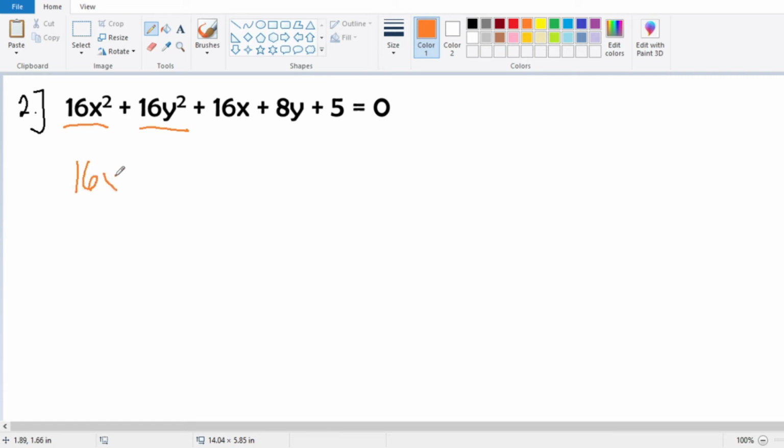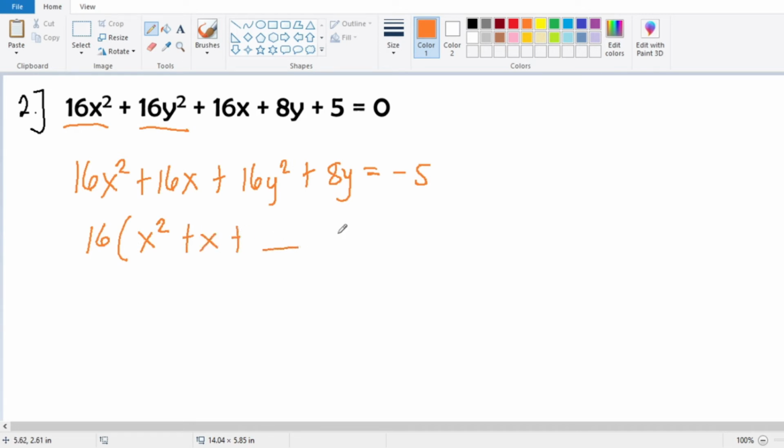So, you have there 16x squared plus 16x plus 16y squared plus 8y is equal to negative 5. Right? And then, let's factor out 16. So, have there 16, tapos nasa loob si x squared plus x plus a blank plus 16 times y squared plus 1 half y, right?